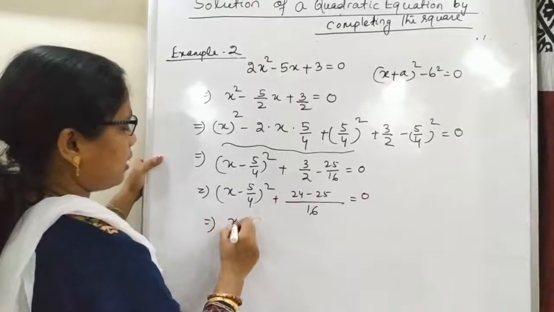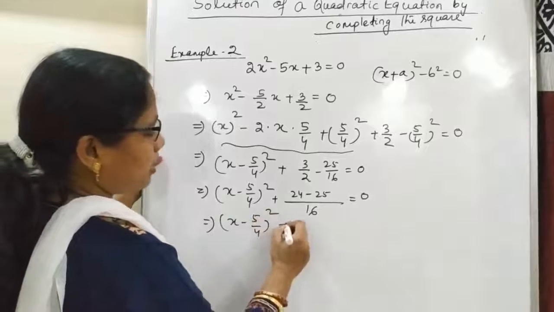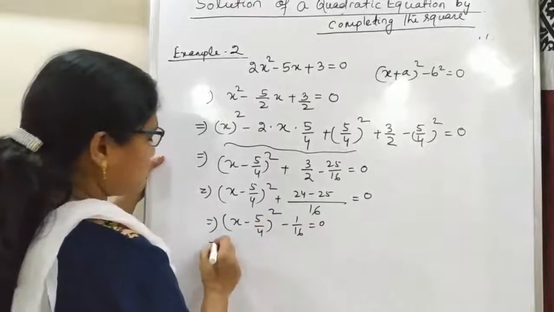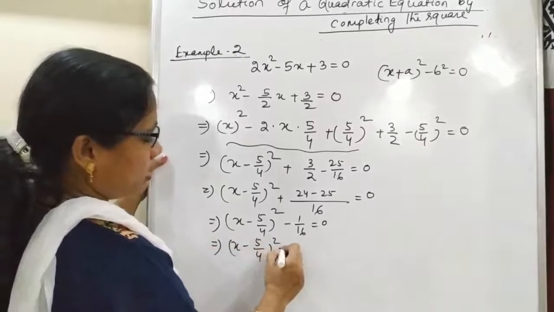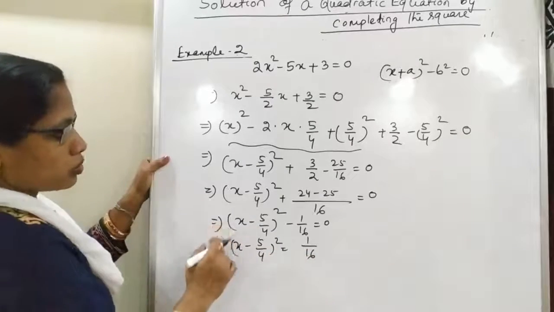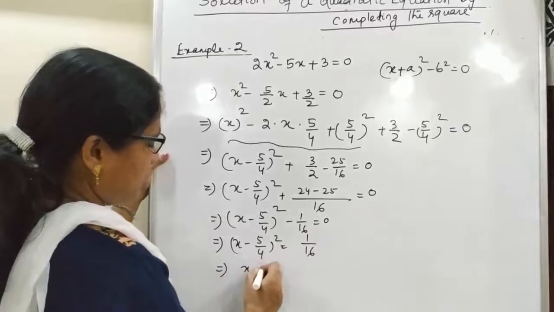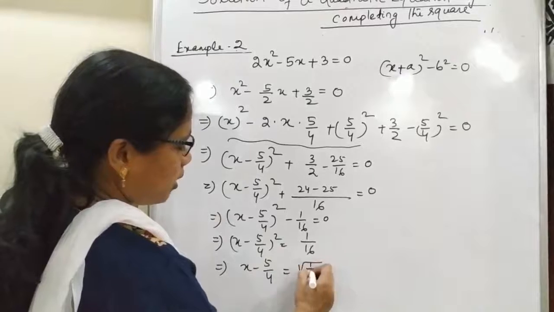So this implies x minus 5 by 4 whole square minus 1 by 16 is equal to 0, or x minus 5 by 4 whole square is equal to 1 by 16. Then find the square root in both the sides. So x minus 5 by 4 is equal to square root of 1 by 16.